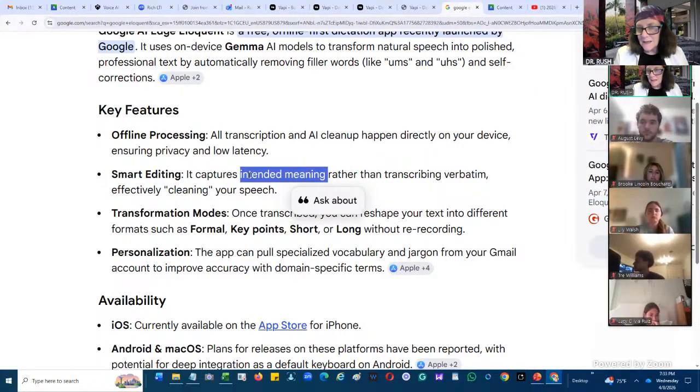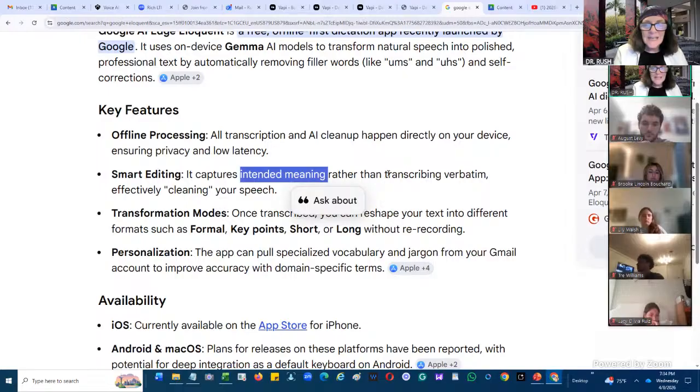The intended meaning rather than transcribing verbatim. Don't I want that when we speak, Lucy, to one another? I want you to get my gist. Just don't take my words literally, right? I want the intended meaning and then effectively cleaning your speech.